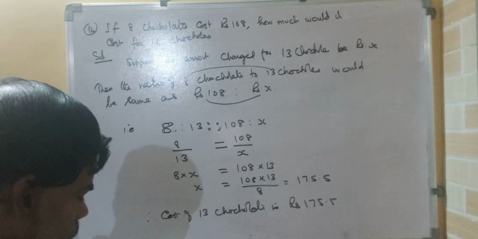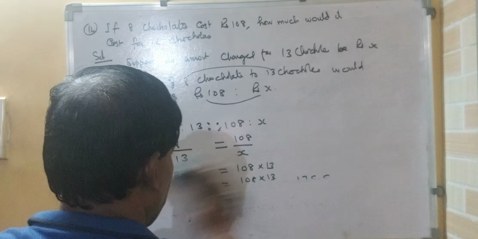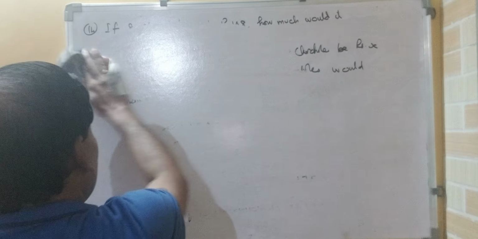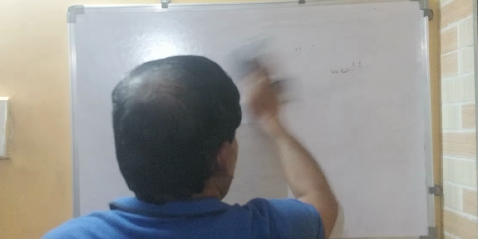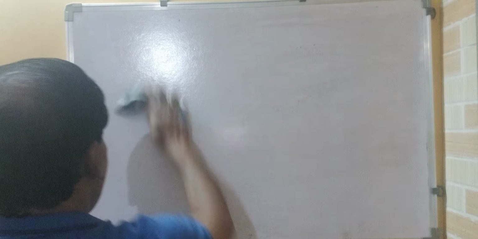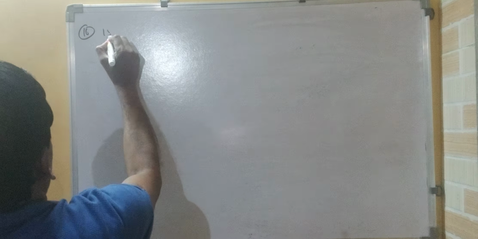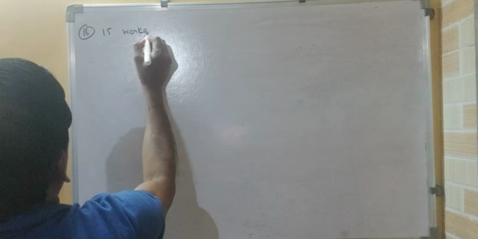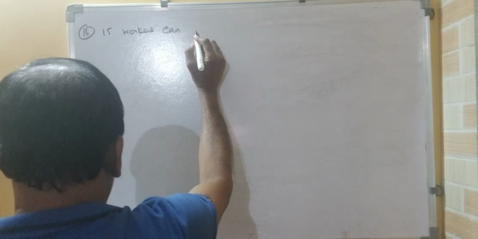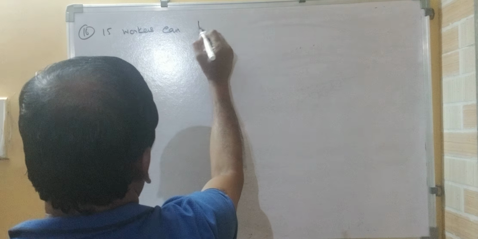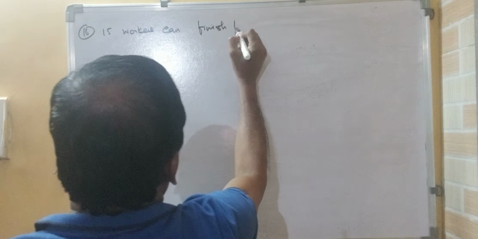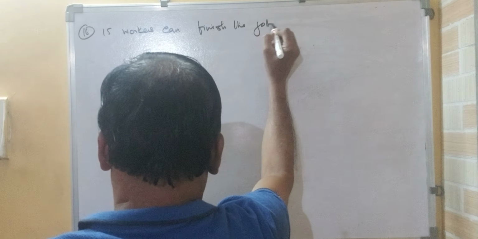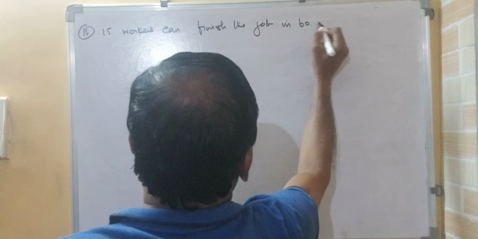Okay. Now we will do one more sum of this type, that is in indirect proportion. Now you see, 15 workers can finish the job in 60 days.